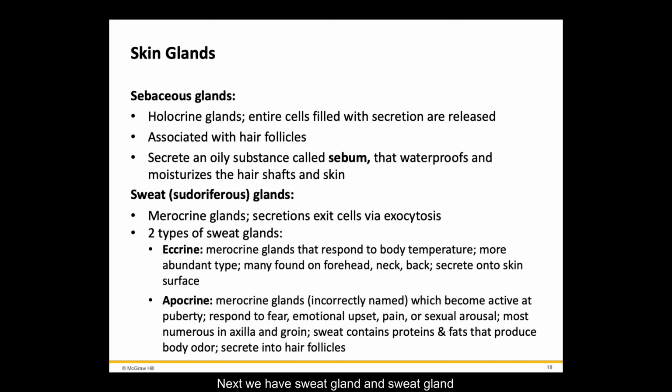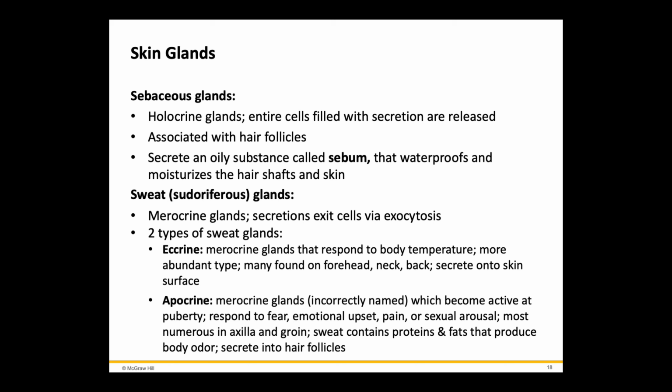Next, we have the sweat gland, which releases its product by exocytosis. There are two types of sweat glands, eccrine and apocrine. Eccrine sweat glands are the most abundant type. They are distributed throughout the skin, and they release a watery product in response to body temperature.